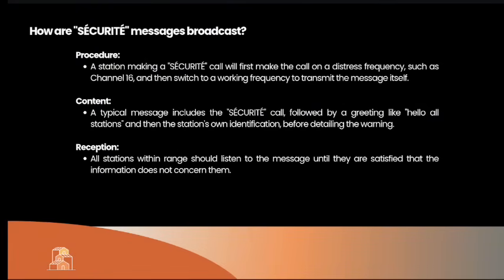Typically the message includes a security call followed by a greeting like hello all stations, and then the station's own identification before detailing the warnings. After that, all stations within range should listen to the message until they are satisfied that the information does not concern them.